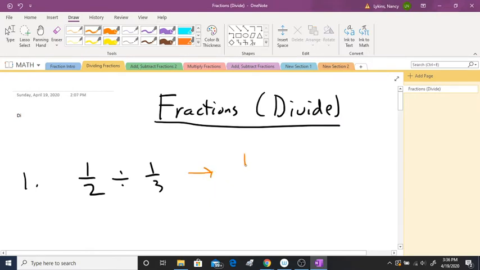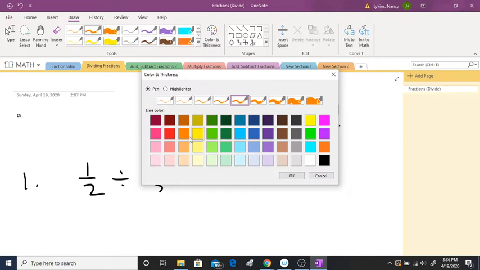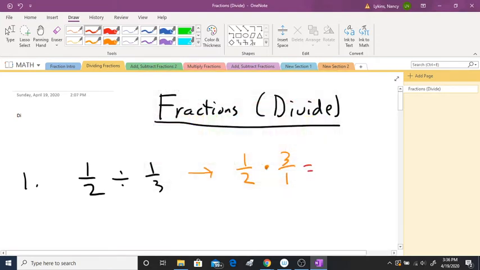You keep the 1/2, and then we take the 1/3 and flip it and make it into multiplication. And the same rules apply. You'd just say 1 times 3 is 3, 2 times 1 is 2. So the only difference between division and multiplication is flipping, or taking the reciprocal, and then making it a multiplication.